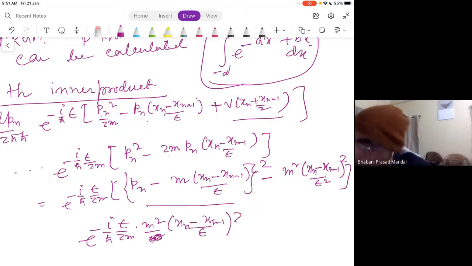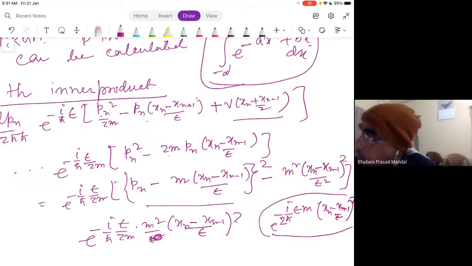So this term is basically e to the power minus i by h cut epsilon over 2m, times m square, with the m getting cancelled, xn minus xn minus 1 by epsilon whole square. This is outside the integration because it is not p dependent.